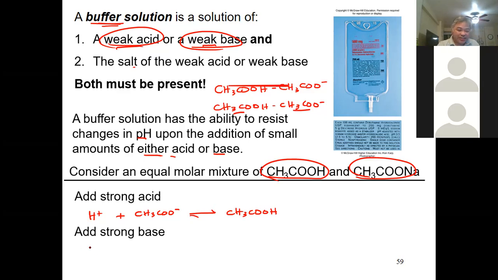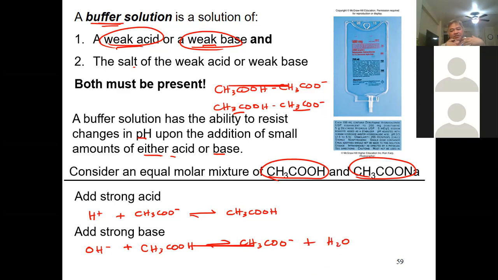Now, if the base is added, which is in the form of hydroxide, alin yung magre-react yan? Magre-react yan yung acidic component. At ang magpo-form ay yung acetate at tubig.